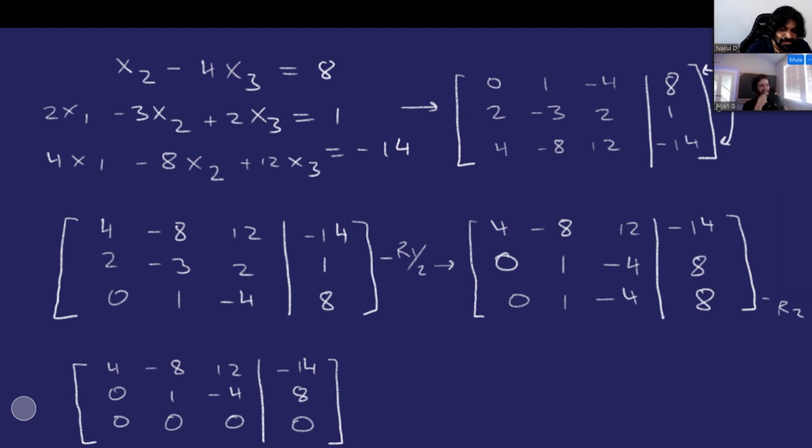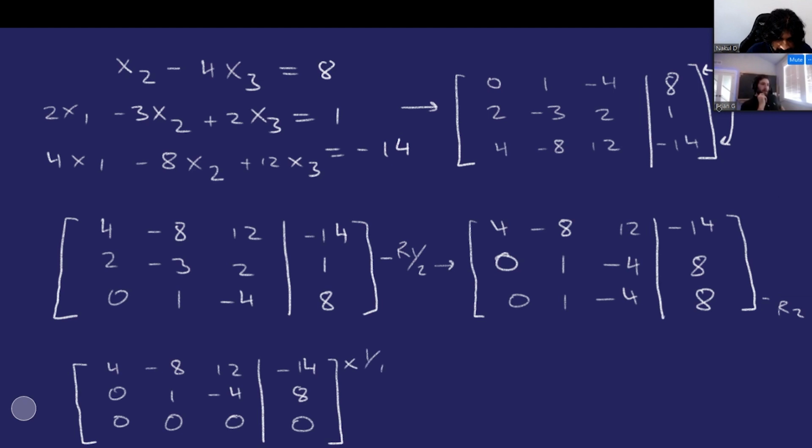Sounds good. This is very simple as it stands, but I would like to make it a little simpler instead of back substituting immediately, in line with what we did last time. So I'm just going to do a couple more row operations here. What I'm going to do is divide the first row by 4, so I'm going to multiply it by 1 over 4.